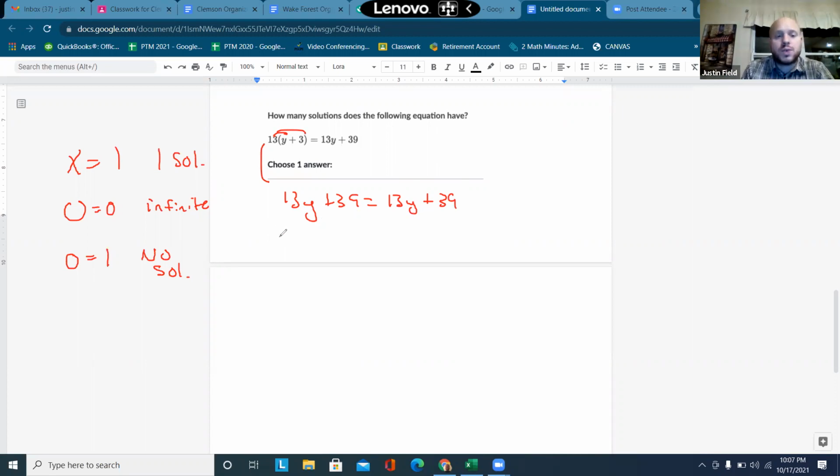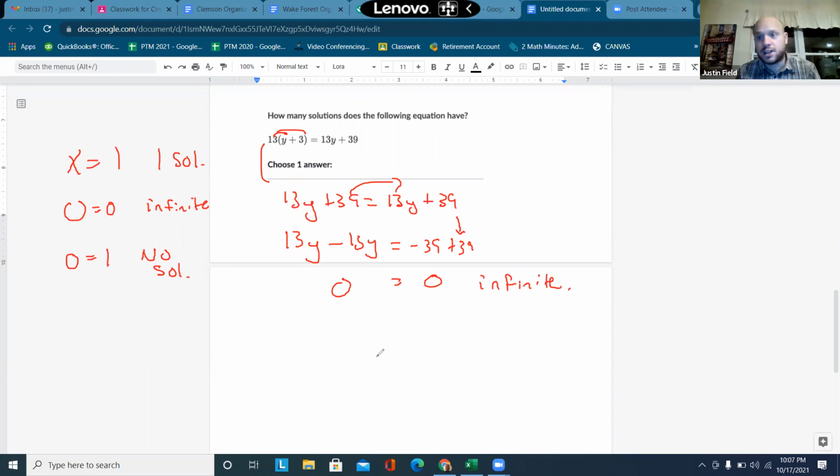So when I do my switching, I'm going to get 13y. Moving this over, you get negative 13y, and that becomes 0. This going over there makes negative 39. Bring down the positive 39 right here. And that makes 0. So like I said, 0 equals 0, infinite solutions.